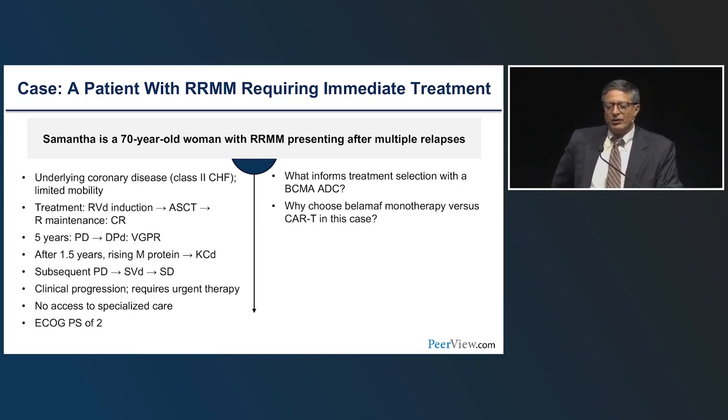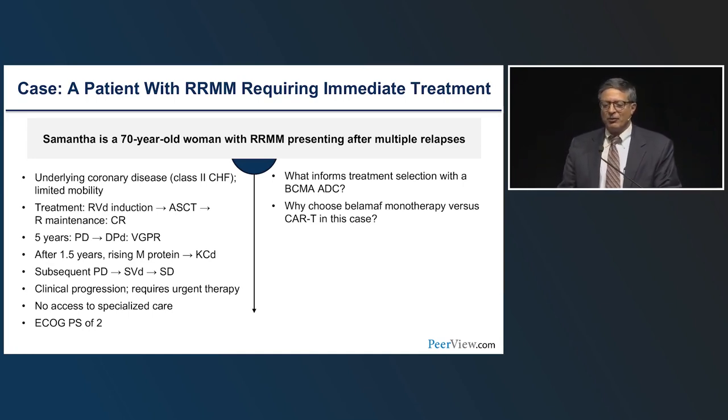After about 1.5 years, she developed progression and got KCD. Subsequently she had progression, then got selinexor-bortezomib-dex with stabilization of disease but no real response. She needs urgent therapy because, as we know, sometimes as the protein numbers get out of whack and you've got poorly controlled heart failure, it becomes a challenge managing volume status and diuretic status.